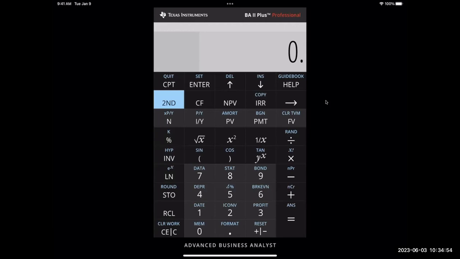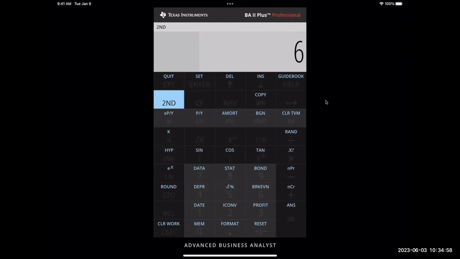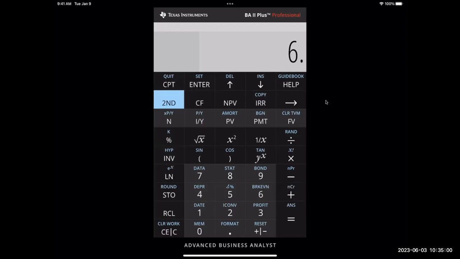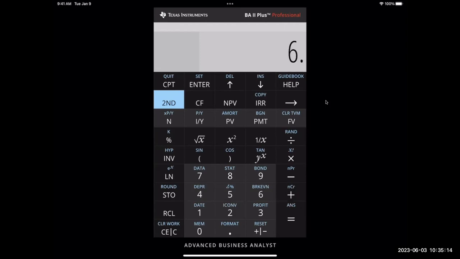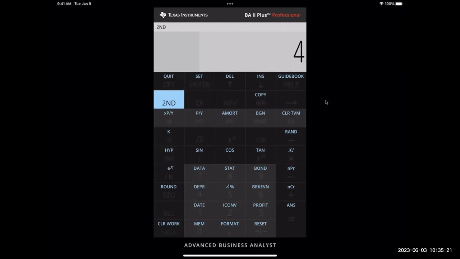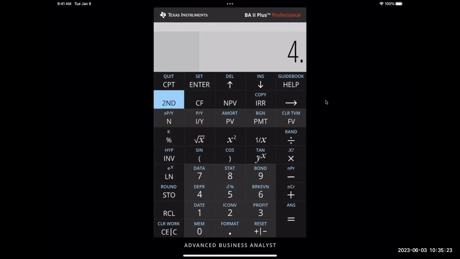Okay, so what we're going to do is say, for this problem, 6 second function nCr 2 equals. Oh, that didn't work. Not 6. Why did I say 6? 4. Sorry. So 4 second function nCr 2 equals 6. I was thinking of the answer. Okay, I'll do that again. 4 second function nCr 2 equals, gives you 6.